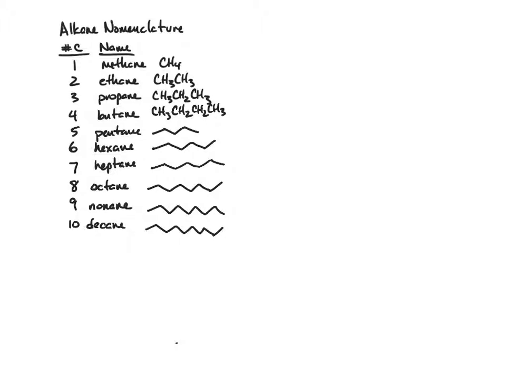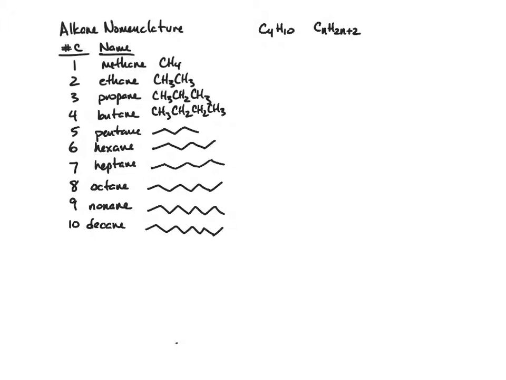So the exercise that I want to start with ties in a couple concepts. And so what we're going to do is given a molecular formula, so we'll start with C5H12. And so this is going to be a saturated alkane that obeys the general molecular formula of CnH2n plus 2.